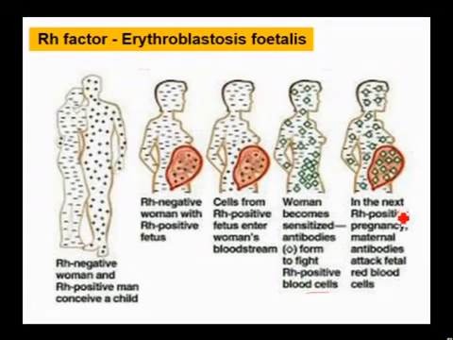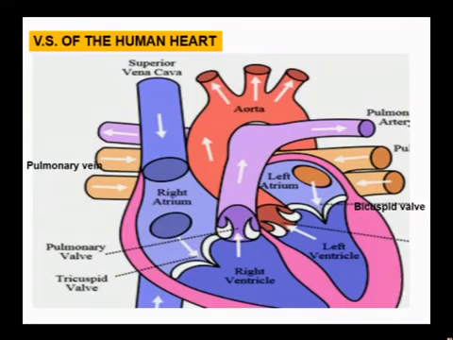So, in the next pregnancy, the maternal antibodies will attack the fetal RBCs and may kill the RBCs of the fetus and lead to the delivery of a dead baby, erythroblastosis fetalis. So, there is obviously medication that can be provided. So, she will be provided with anti-RH antibodies.